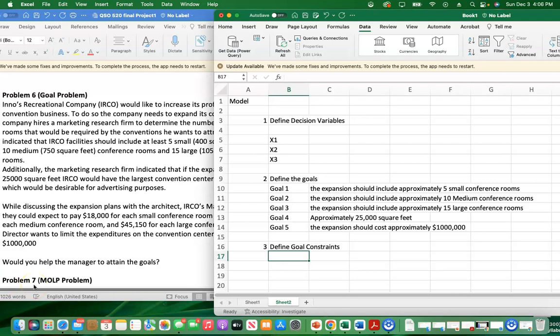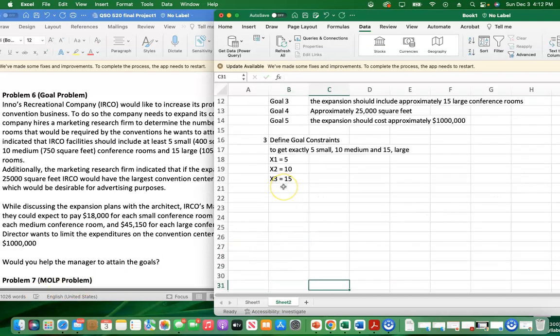So we will start with the goal constraints that are exactly to the target value. To get exactly 5 small, 10 medium, and 15 large, we can say x1 should be exactly 5, x2 should also be exactly 10, and x3 should be exactly 15.